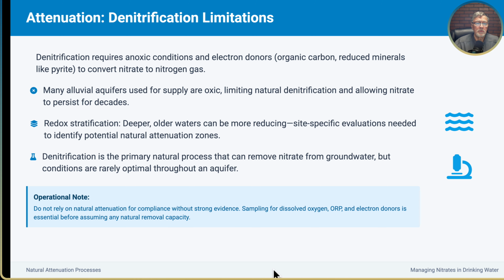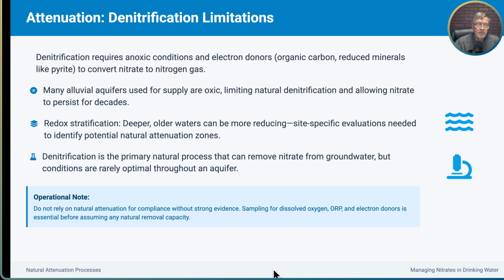With redox stratification, deeper, older waters can be more reducing, so site-specific evaluations may be needed to identify potential natural attenuation zones deeper. So if you have wells in an area, or you're planning on putting wells in areas where there's no nitrate, you may want to look at deeper wells and sealing off some of those lower zones that are more oxic, where the nitrate is concentrated, and look at deeper zones that are a little more reducing, where you get the denitrification and lower nitrate levels.